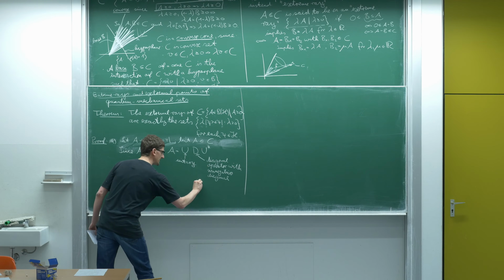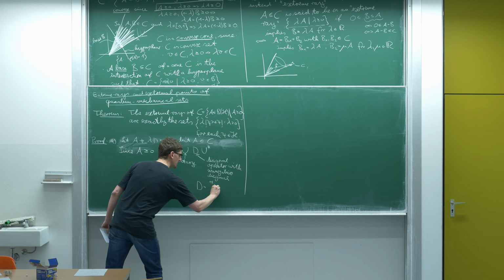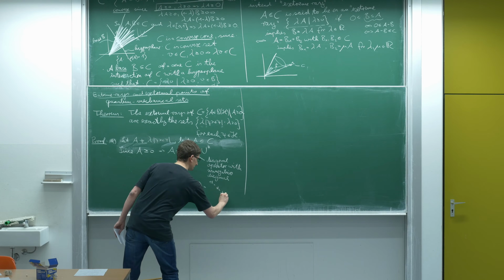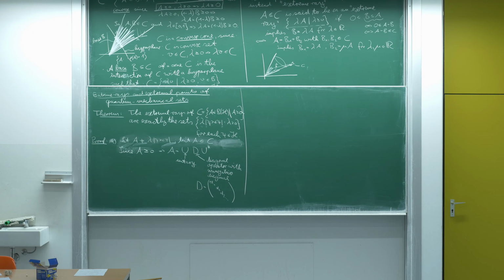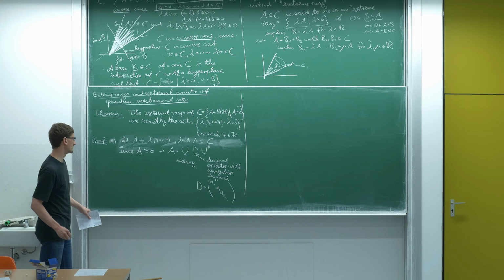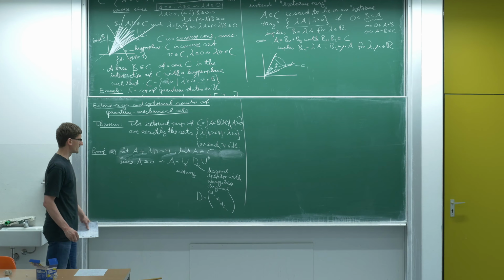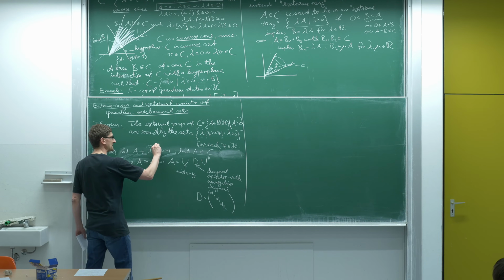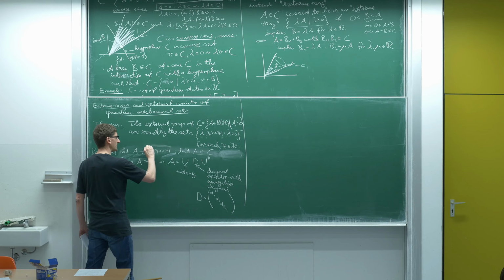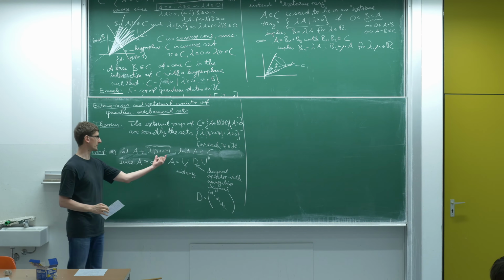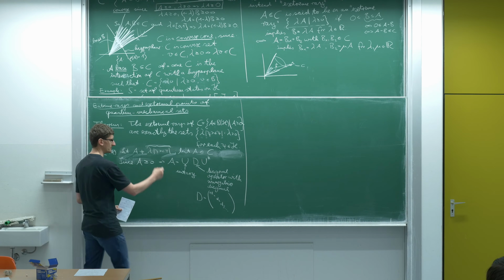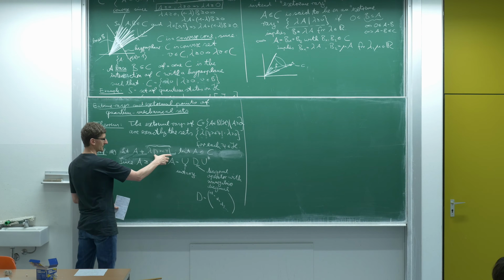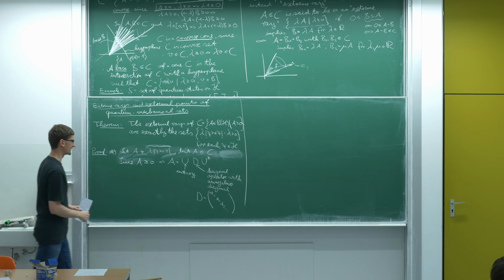So D is equal to D1, D2, and so on. All operators of this form are rank 1 operators. These operators have the property that at most one of the eigenvalues is non-zero.